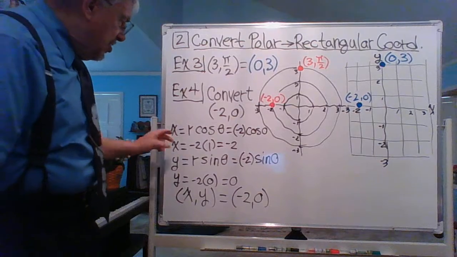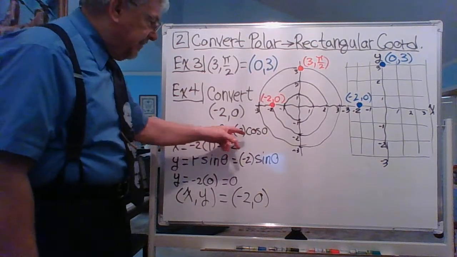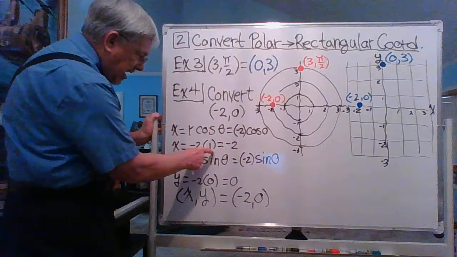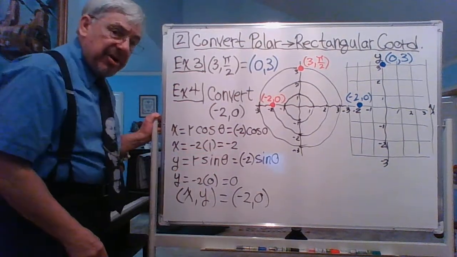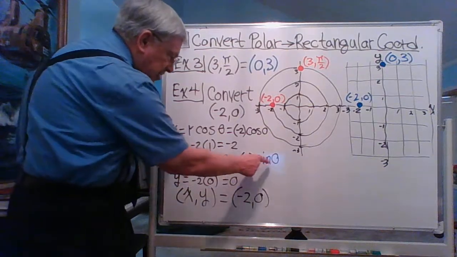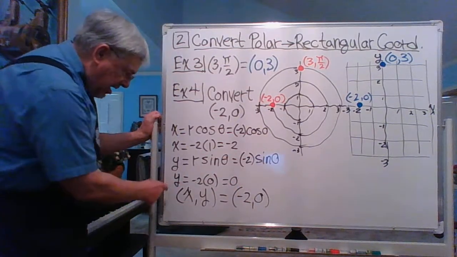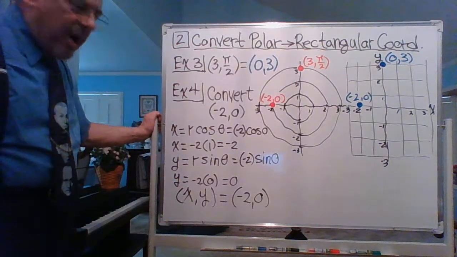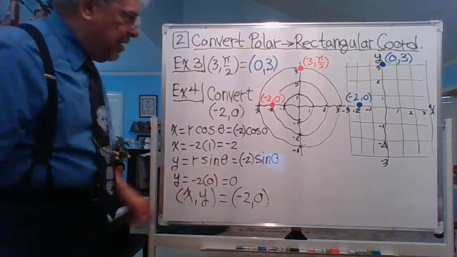So x is equal to r cosine theta, or -2 times cosine of 0. So x is equal to -2 times 1, or -2. Y is equal to r sine theta, or -2 times sine of 0. Y is equal to -2 times 0, which is 0. So my xy coordinate then is -2, 0.